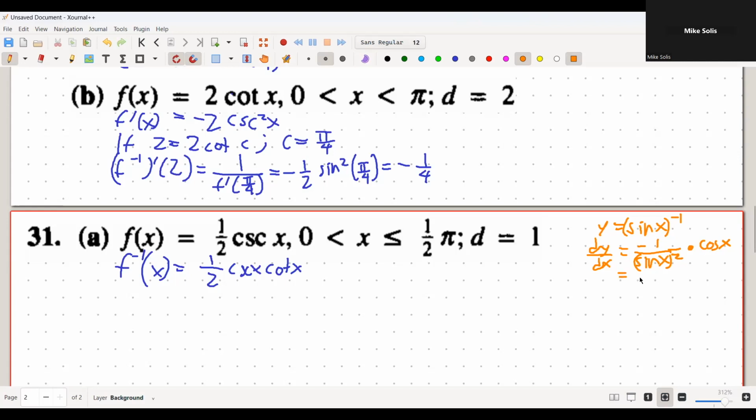So what do we get? Negative cosecant x cotangent x. So the derivative of cosecant is negative cosecant cotangent. So there's a minus sign.